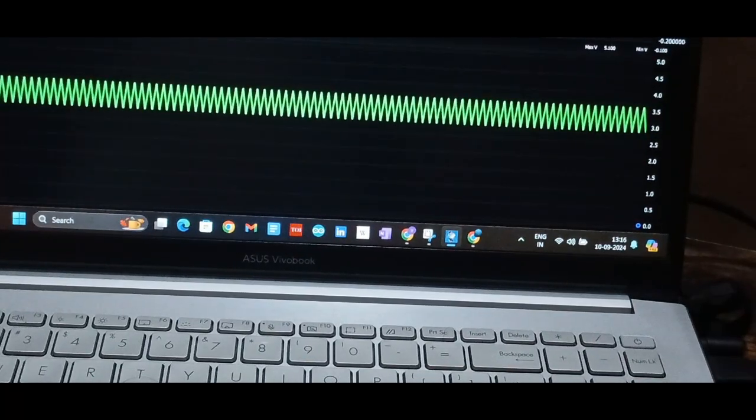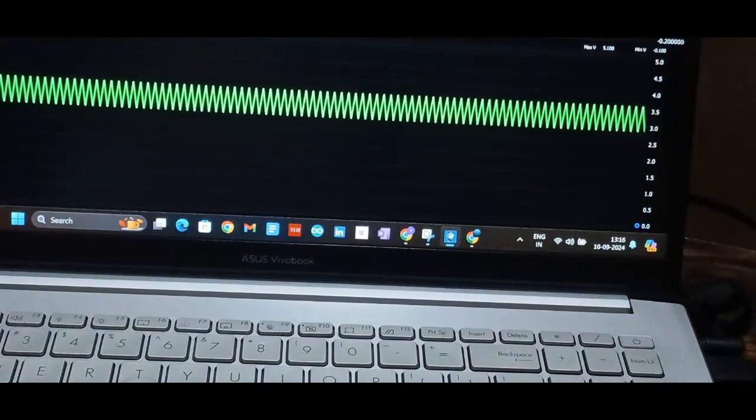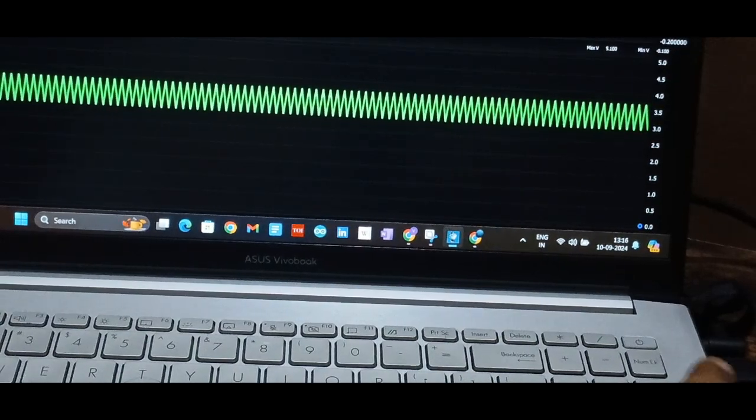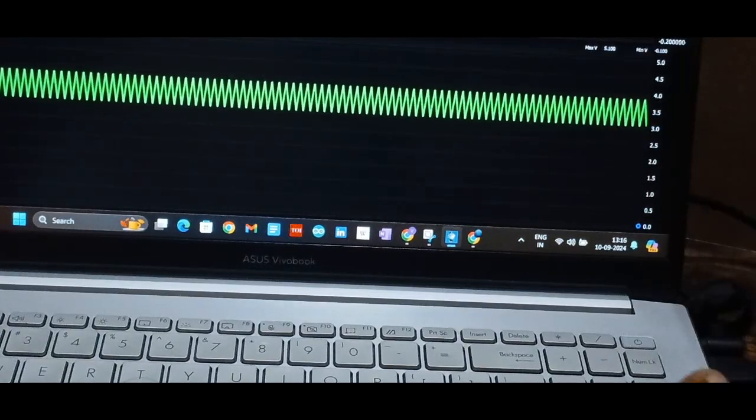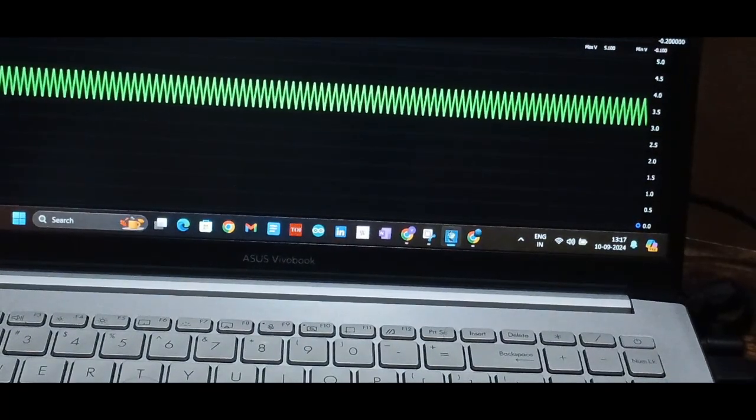It easily crosses the output voltage. Again, I'm going to vary this to 5 volts.